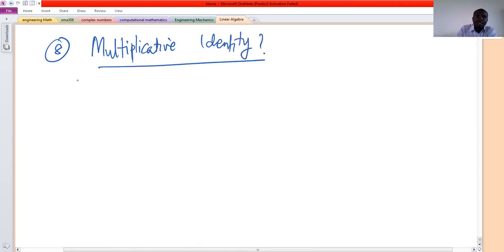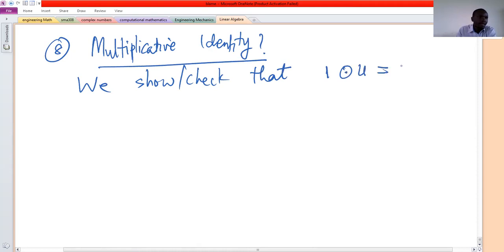Now here we show, or check, that if I take 1, I multiply by u, then I get u, where 1 is a real number, and u is an element taken from this set, R plus.